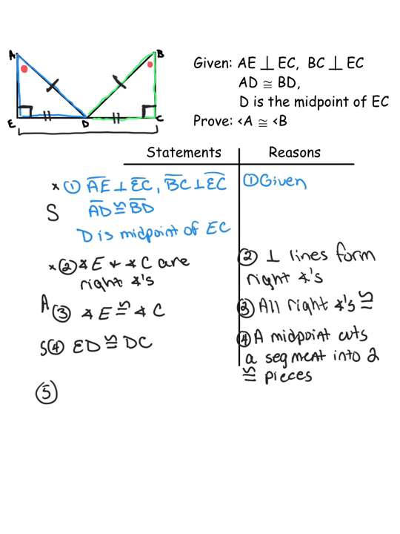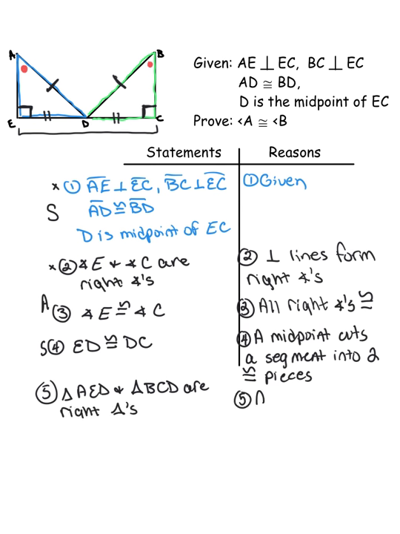Now, if I look at the way they came out in the picture, I kind of have an angle side side. I can't use a bad word when I'm doing my proof, but I do realize that both of those triangles have a right angle, so I can say triangle AED and triangle BCD are right triangles.